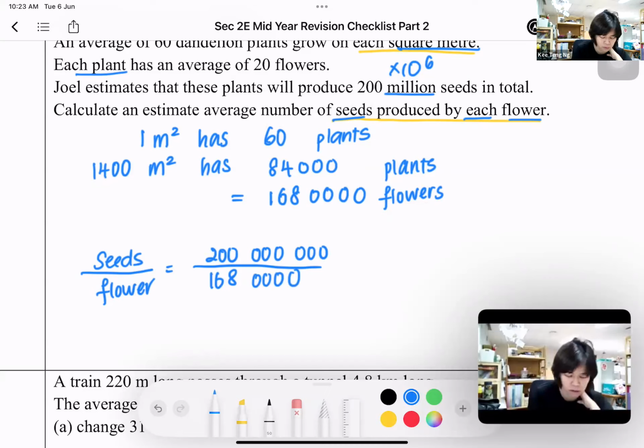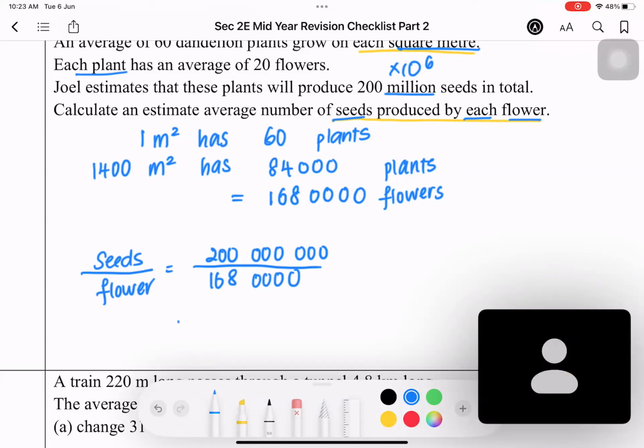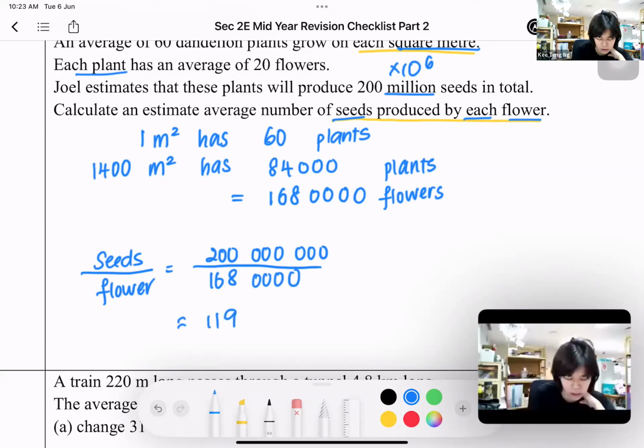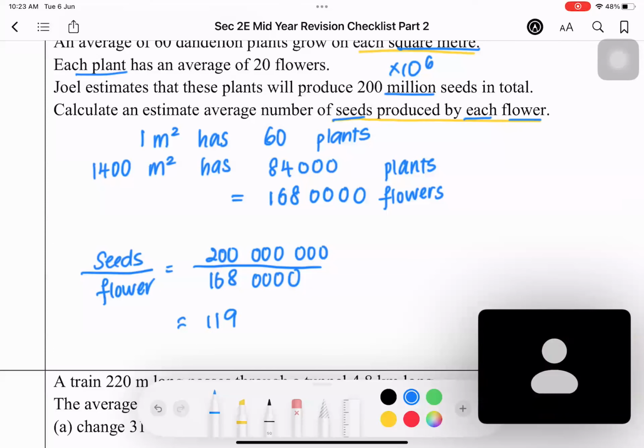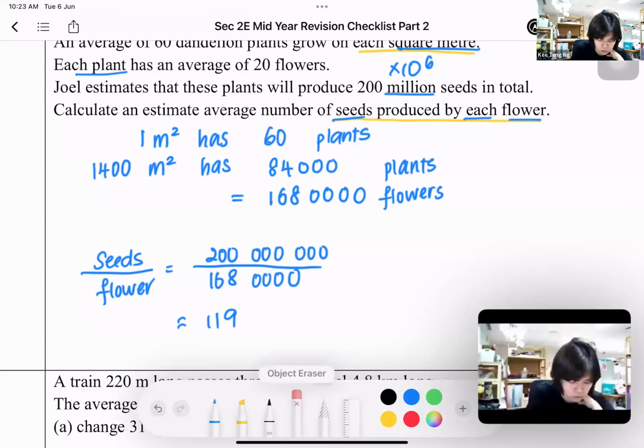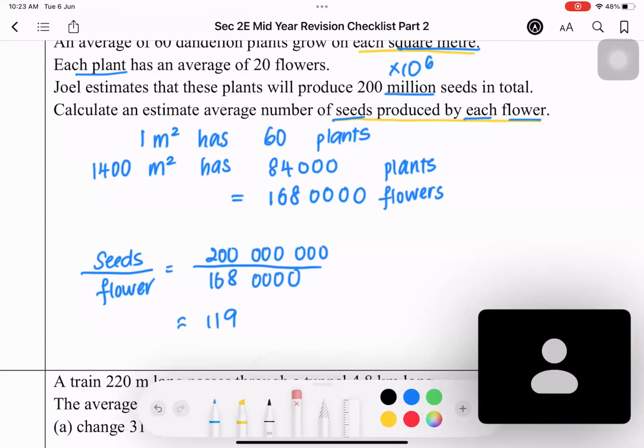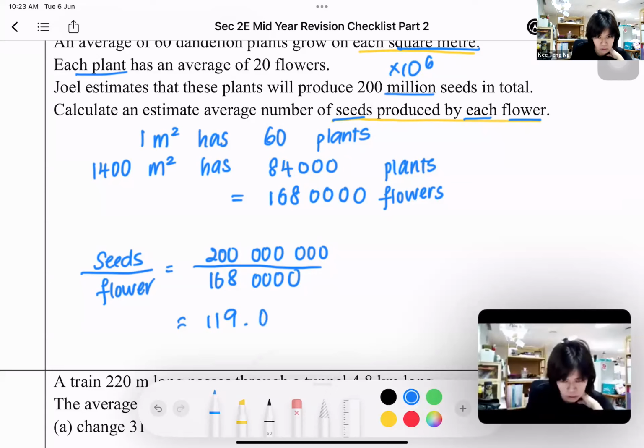Hey, everyone calculate faster than me. 1190. Okay, thank you. 119.1190 or 119.0? I think 1190, right? 1190 200. 0.04.